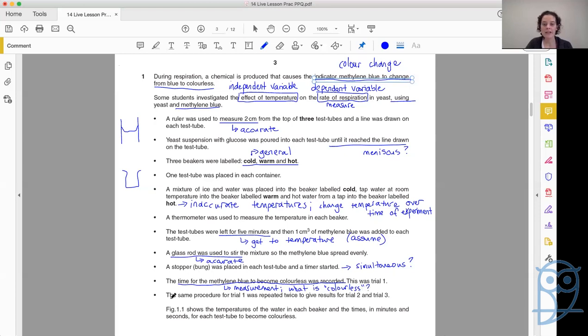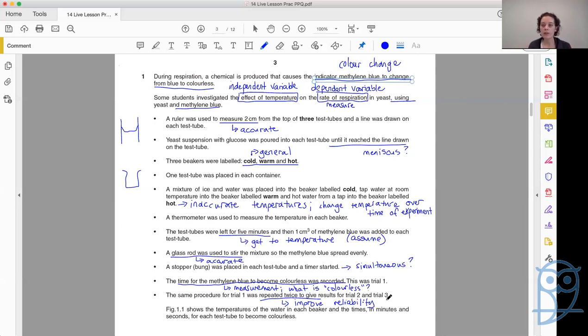However, they then say that the same procedure for trial 1 was repeated twice to give results for trial 2 and trial 3. Repeated. Brilliant. Whenever we repeat, we improve reliability. Because when we have repetitions, we can calculate an average, and that average then gives us a better idea of what it is.